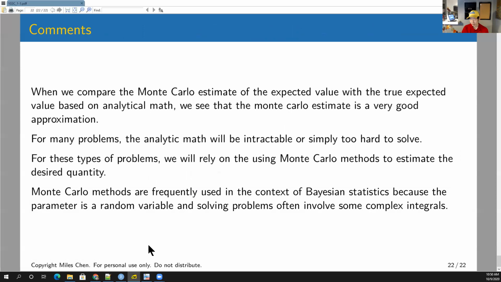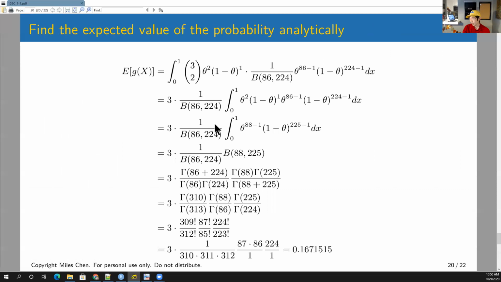Later on, you might encounter situations where the analytic approach is intractable or too hard to solve. What if we didn't know this identity, that this was equal to this? We'd be in trouble, because I don't know how we would integrate this.